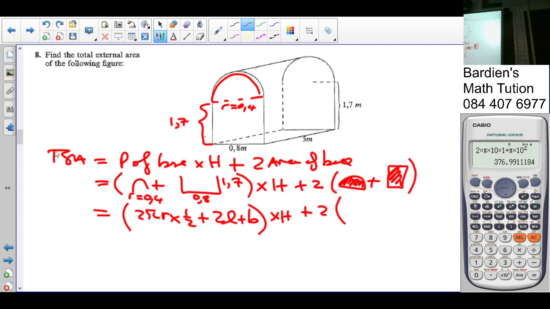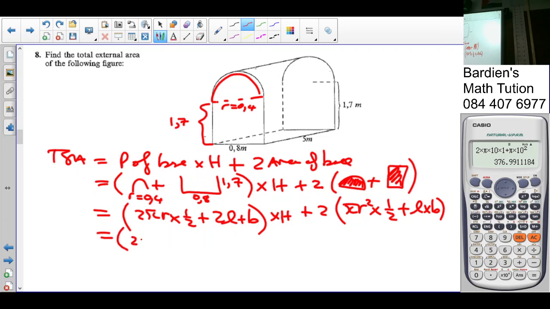How do you calculate the area of a circle? Pi r squared. Since it's semi, you divide by 2, plus the area of a rectangle, which is length times breadth.